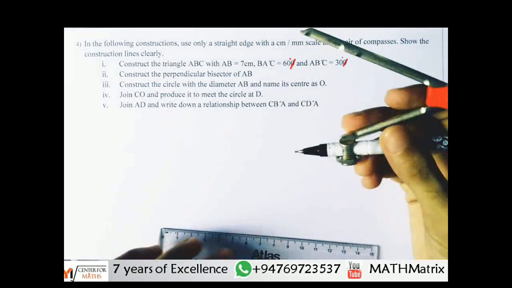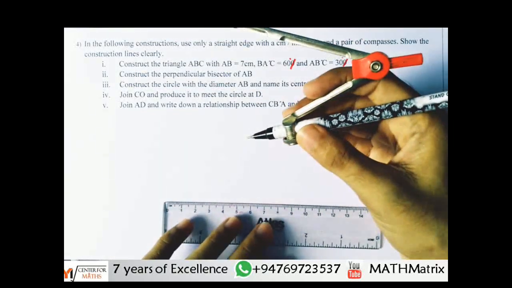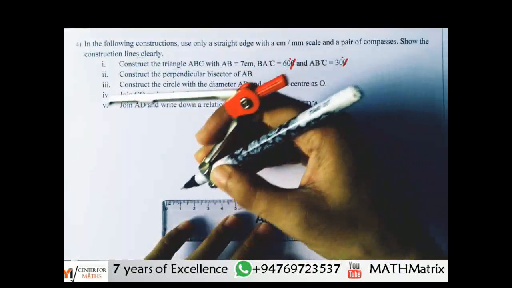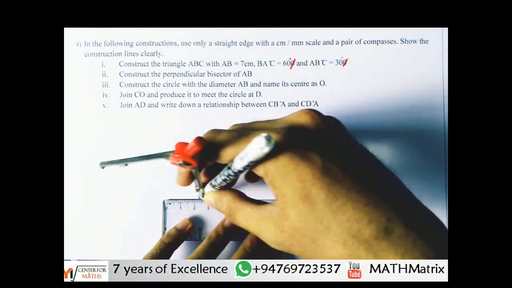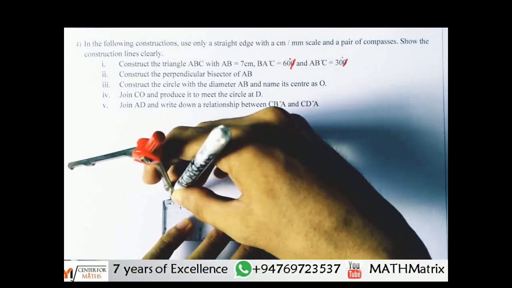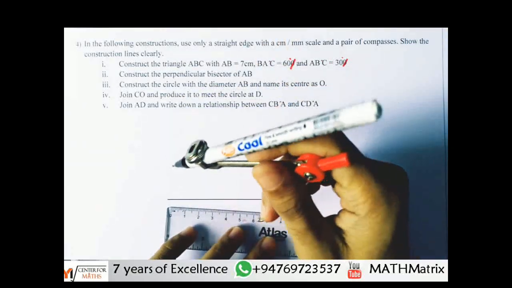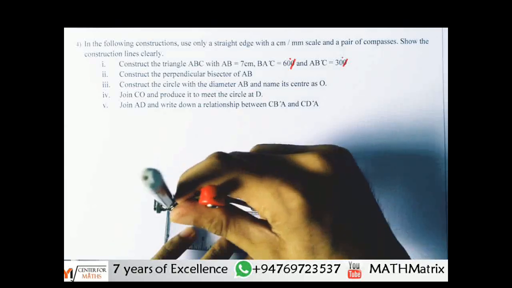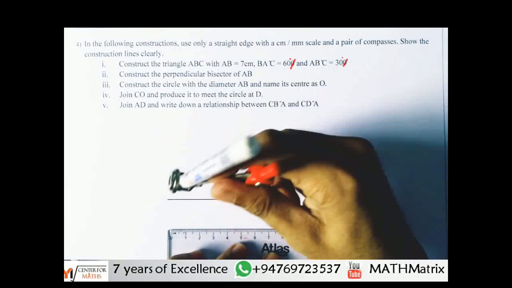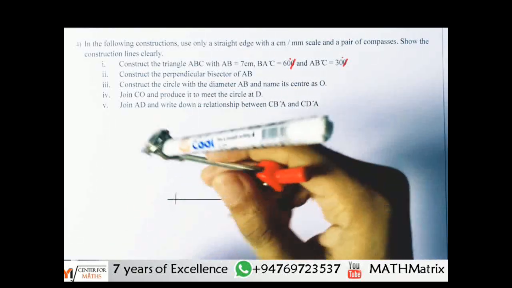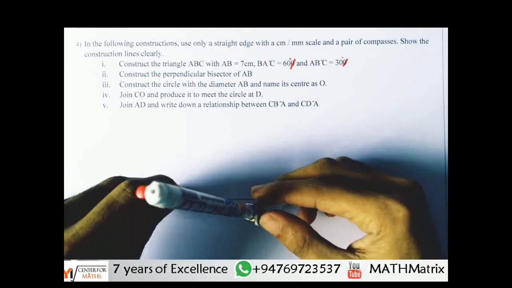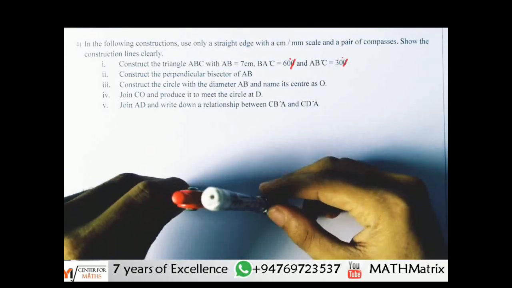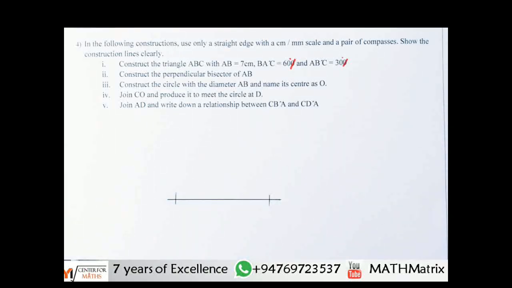Okay, so before that we'll draw a small straight line. That should be greater than 7. Okay, fine. So now here the 7 centimeter again. Right, it's clear. So now the distance is 7 centimeters.